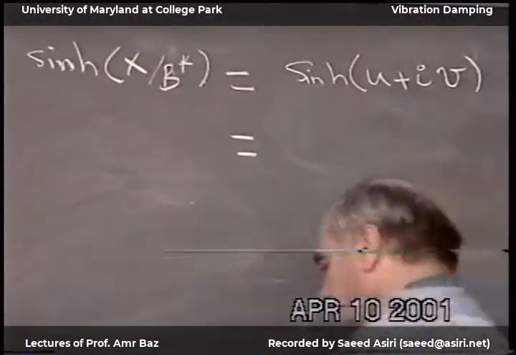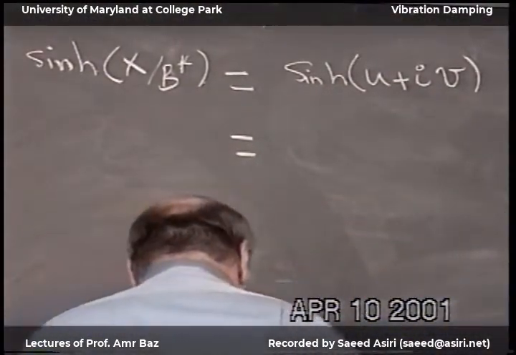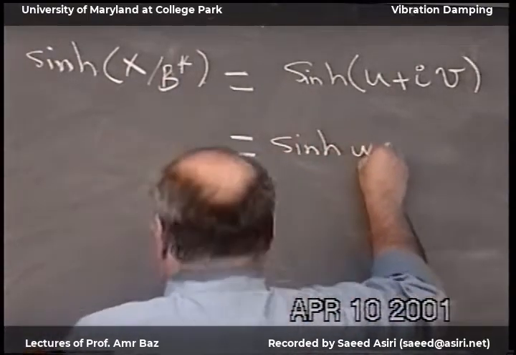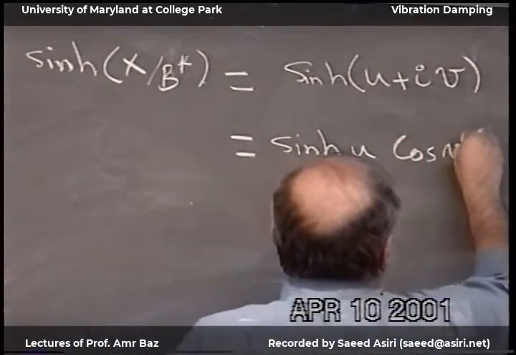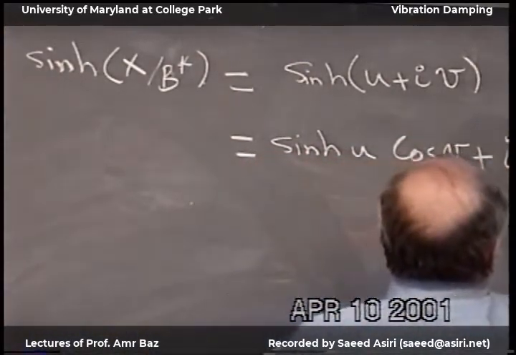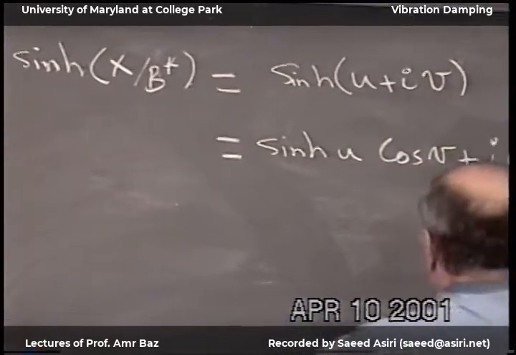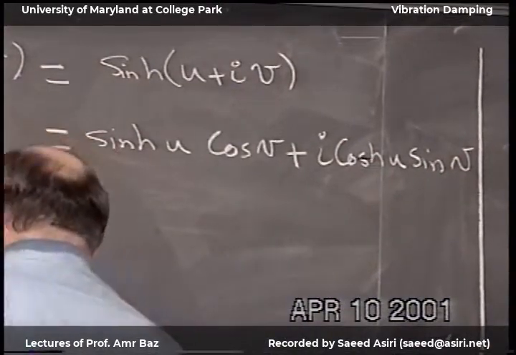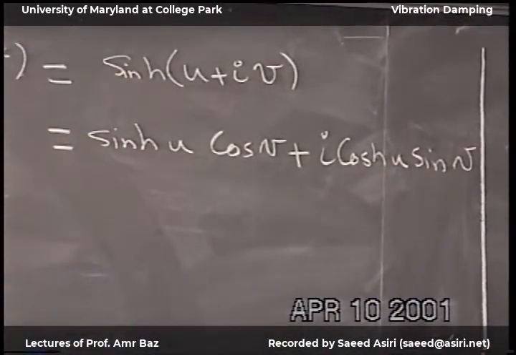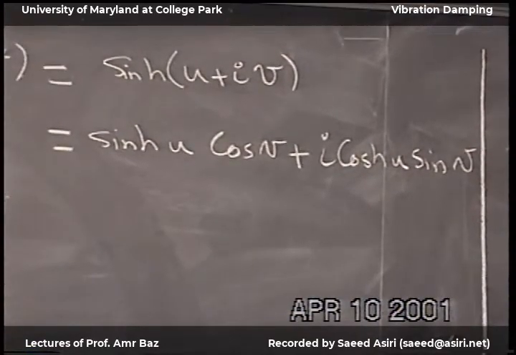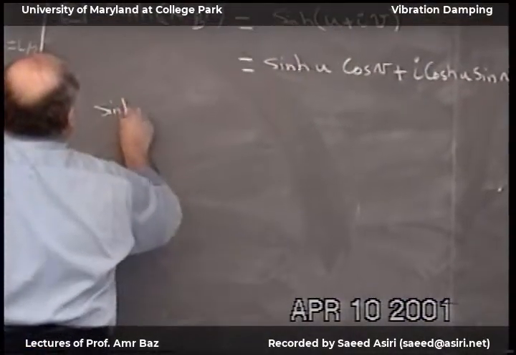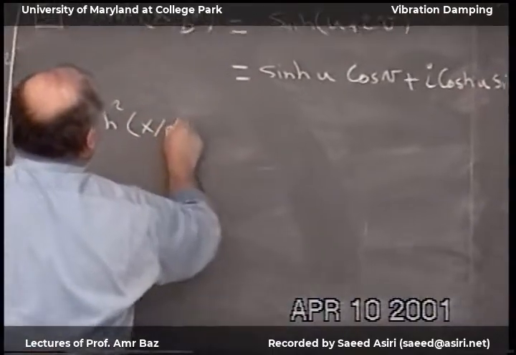This will equal sine U cosine V plus i cosine U sine V. And of course, we can get the sine squared of x over B asterisk.